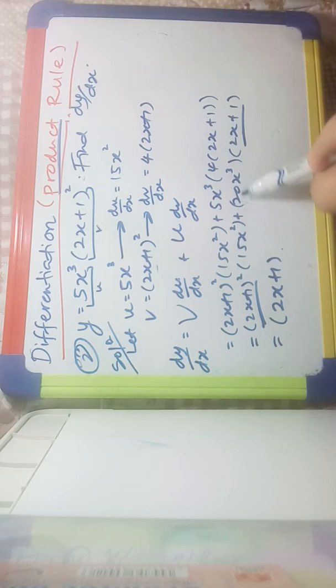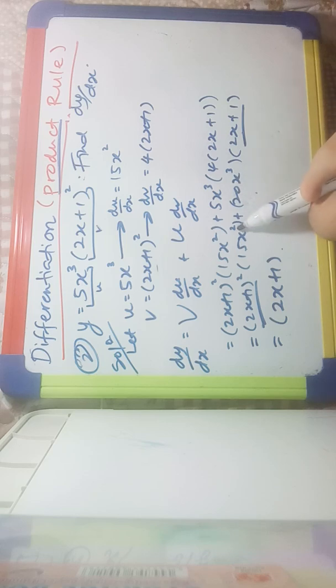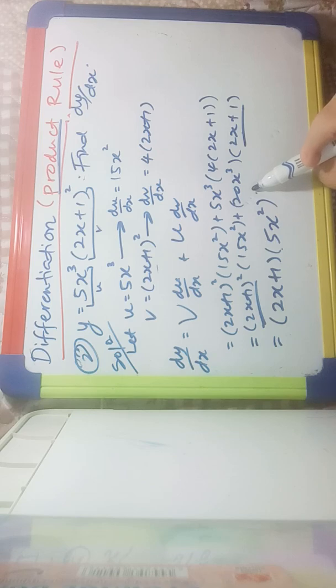What is the common thing between 15x squared and 20x cubed? What is the highest common factor between 15 and 20? 5. How about x squared and x cubed? Which one is the lowest? x squared. So we take 5x squared.